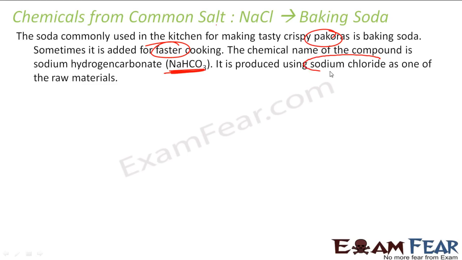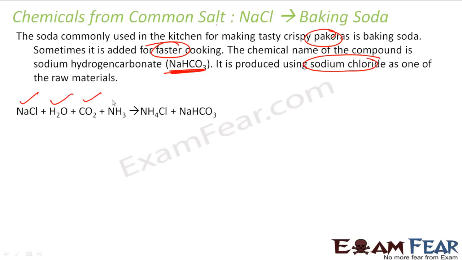It is produced when sodium chloride is one of the raw materials. You have some sodium chloride, you have water, carbon dioxide and ammonia. You add all these, you get NH4Cl, and you have this baking soda.